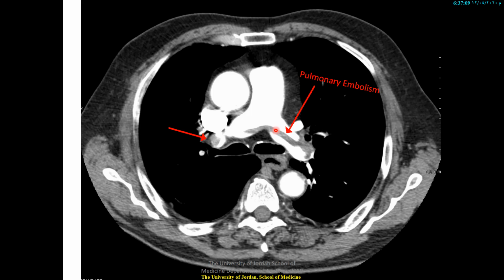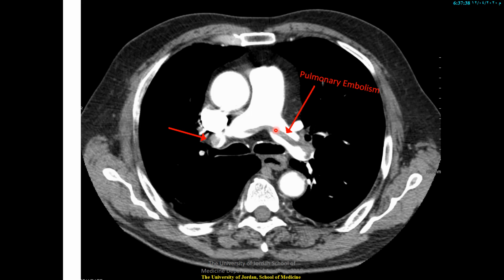If you see two circles, one of them near the vertebral column, this is the descending aorta. The other one near the sternum, on the anterior side, would be the ascending aorta. Once you identify the ascending aorta, you know that to the right of it is the superior vena cava.